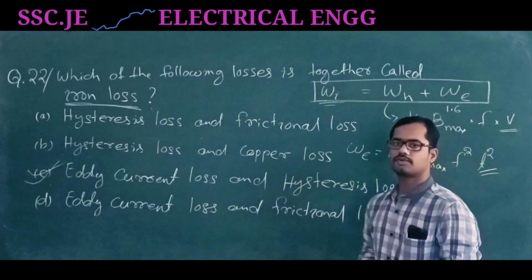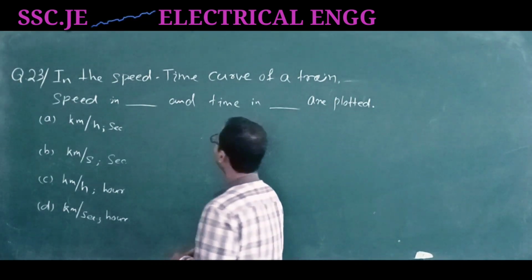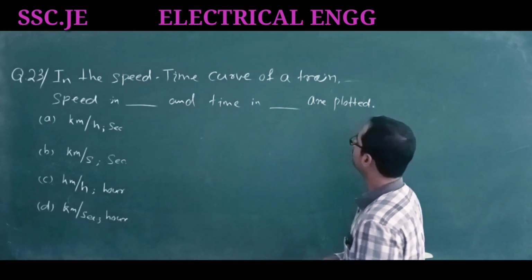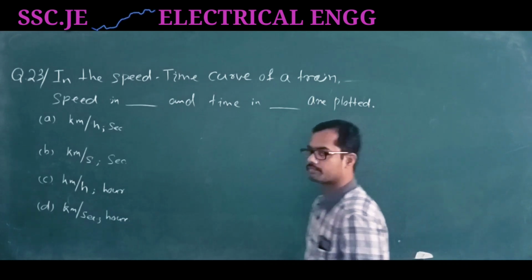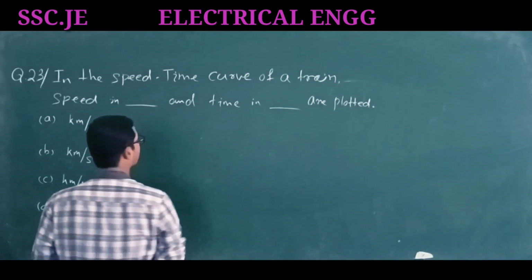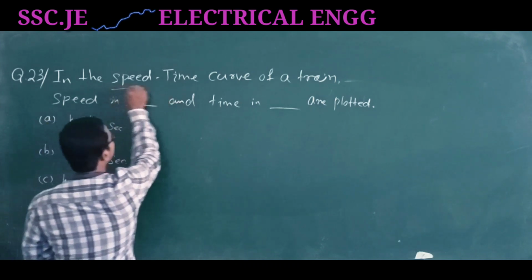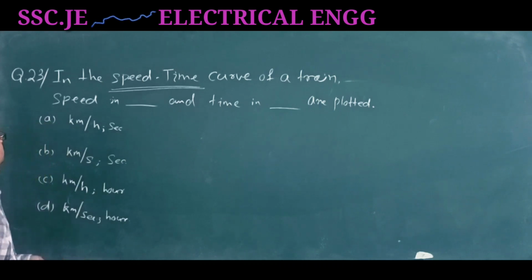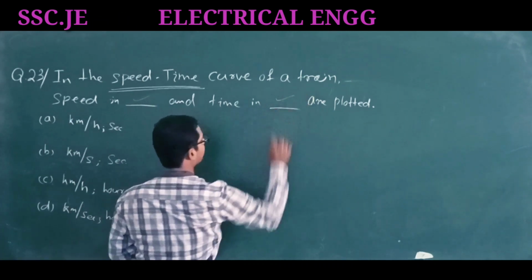So come to the next question, question number 23. In the speed time curve of a train, the speed is in dash and the time is in dash. Whenever you want to plot speed versus time, what is the unit of your speed and what is the unit of your time?